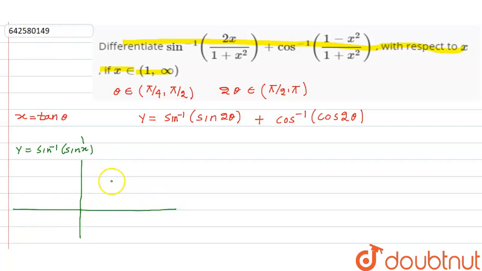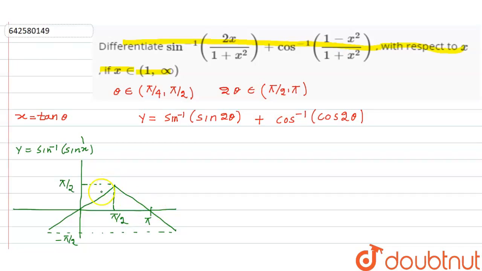This is the line y equal to x, this is pi by 2, this is minus pi by 2, and this is pi by 2, and this is pi.